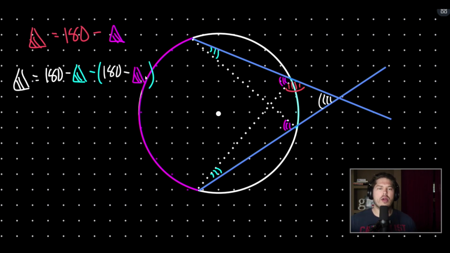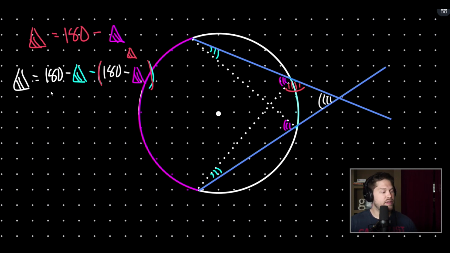If you're wondering why our white angle is 180 minus our blue minus our red angle, that's just because a triangle has a total angle measure of 180 degrees. And so the total triangle is 180. And then if we subtract the blue angle and the red angle, we'll be left with the white angle. So that's how we know what we've written down to be true.